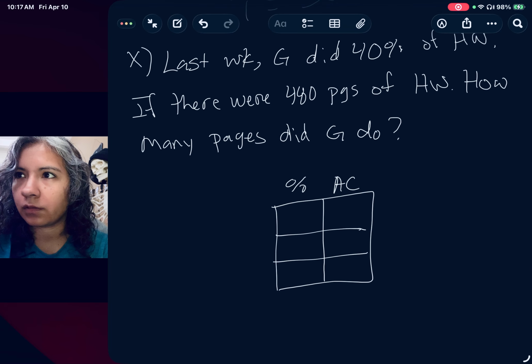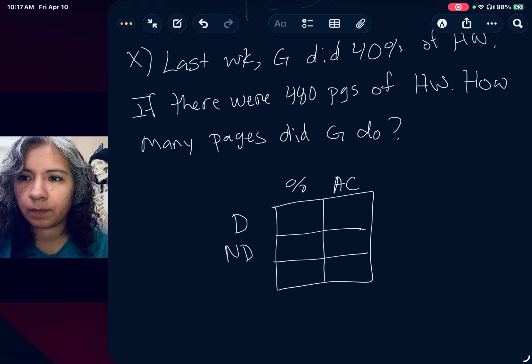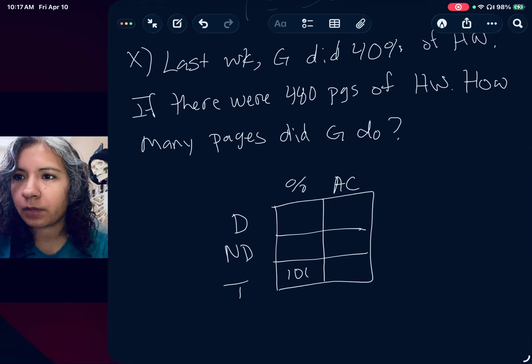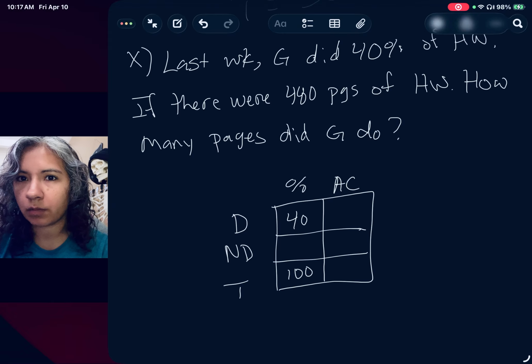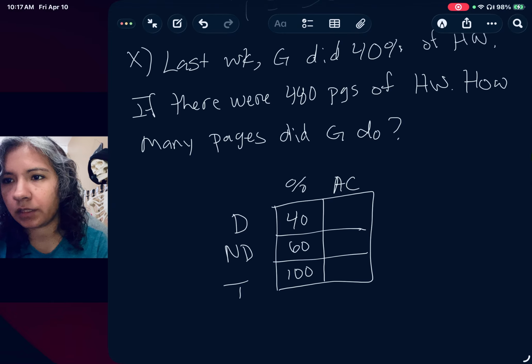And we're going to do completed homework, so homework that was done and homework that was not done, in total. So we have 100. Grayson did 40%, so 100 minus 40 is 60% was not done.